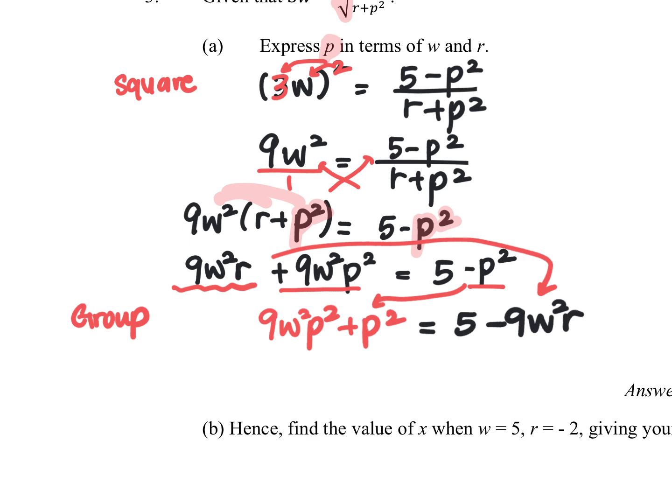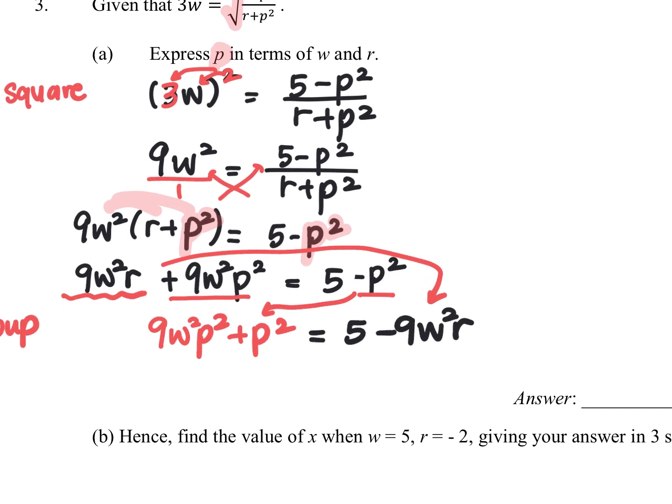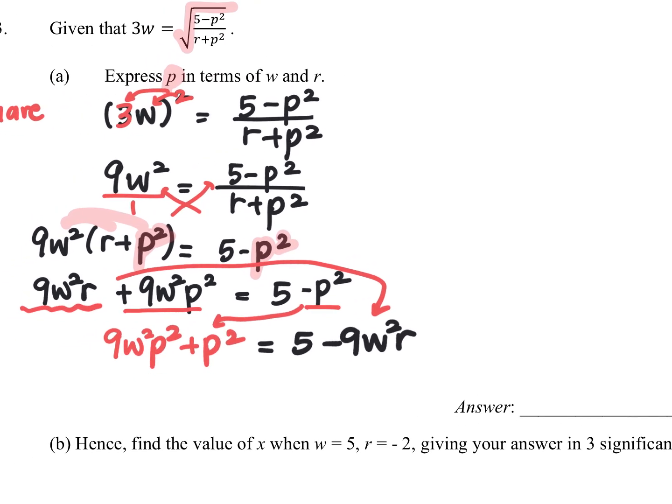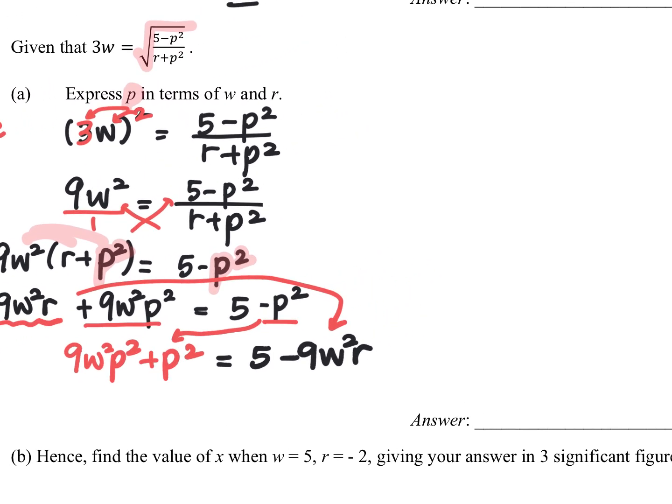Okay, next step, we're going to factorize out. I don't have much space, so I'm going to write it on the next line. On the other side, I'm going to factorize out my common factor, letter p. But remember, this letter p here, this is 1 unit of p.